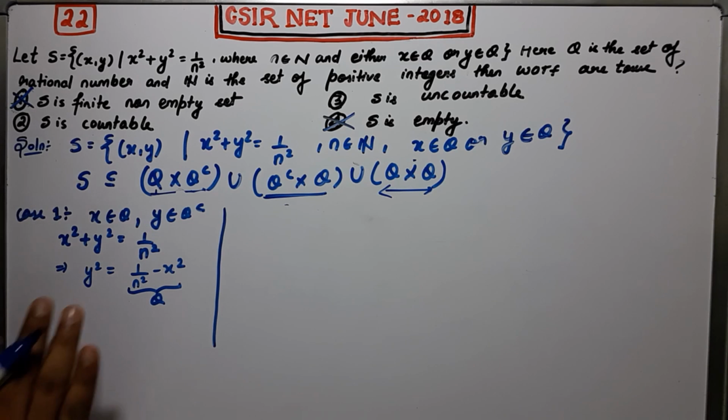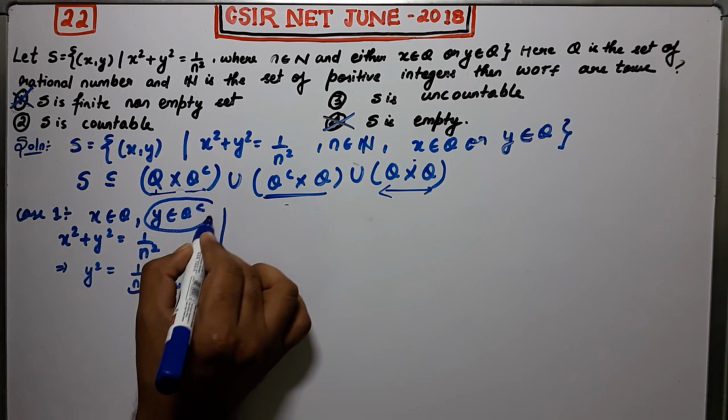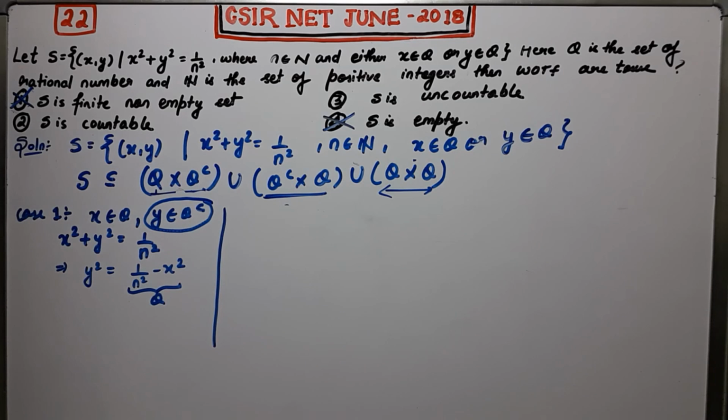So from this what are you concluding? You are concluding that you don't have to take the whole set of irrationals. You have to take all those irrational members whose square is rational. You have to take all those irrationals from the Q complement whose square is rational.